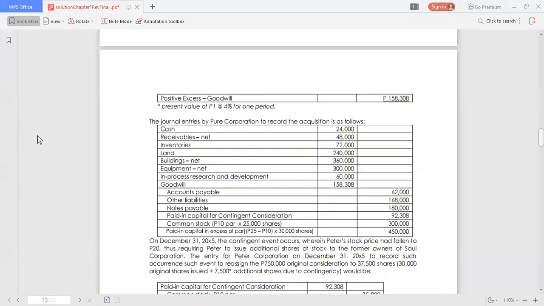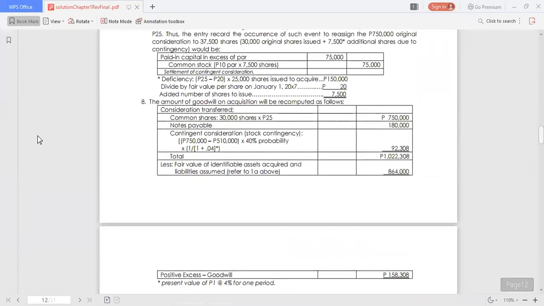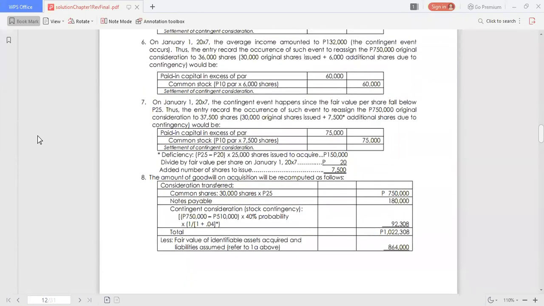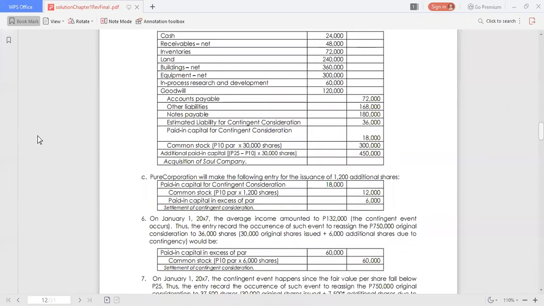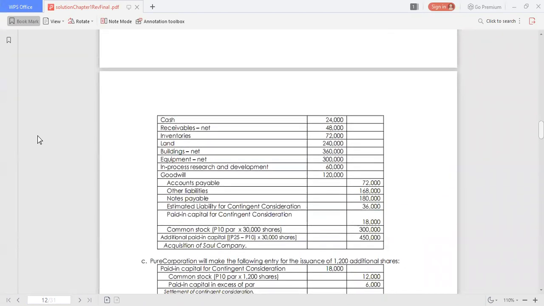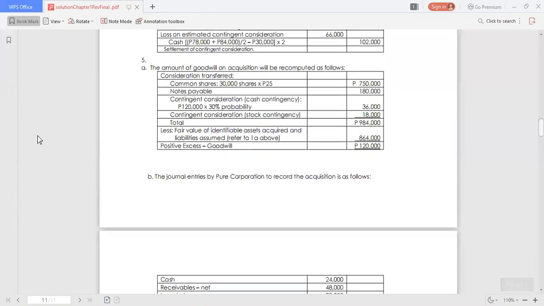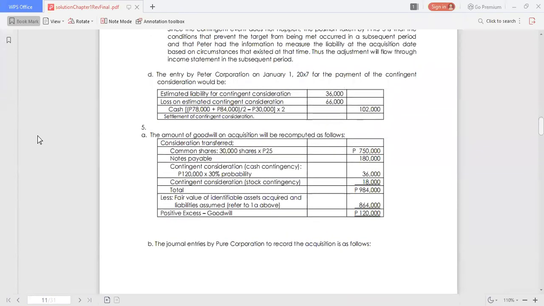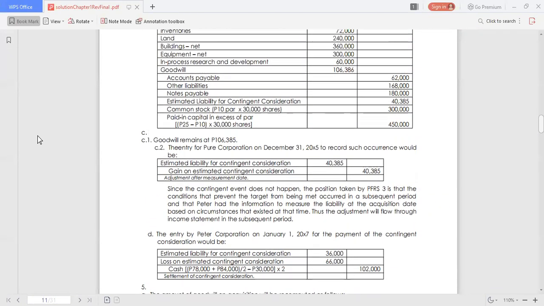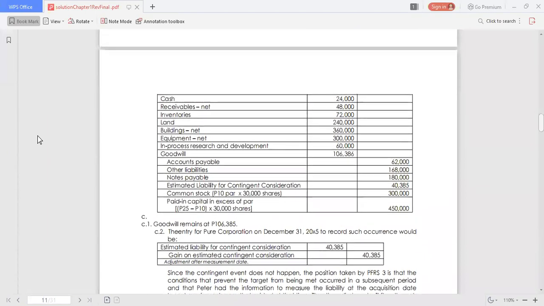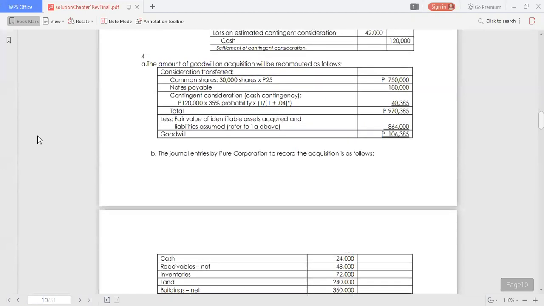We will try to finish problem 5, or I'll extend a little time just to finish discussing the solutions to problem number 5 with all the requirements. So far, number 5 is the longest among the problems in chapter 5. So we have now problem number 5.